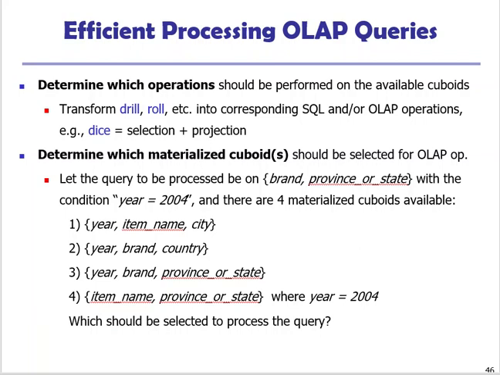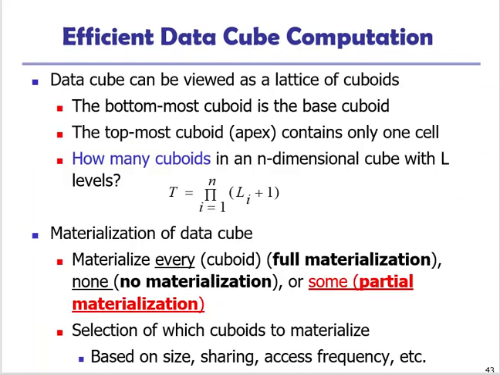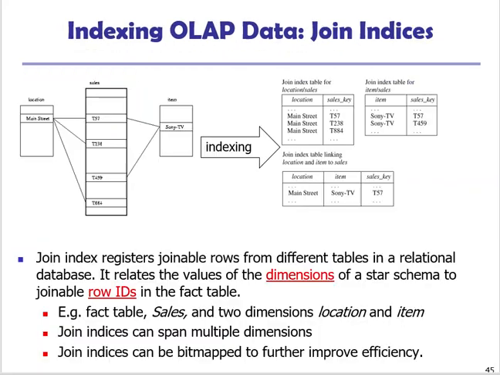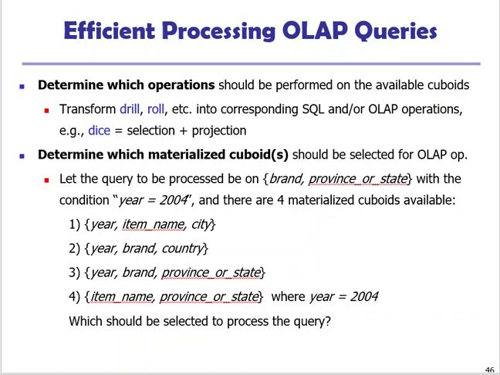What we have done was to discuss what to materialize, to perform partial materialization, and to perform different indexes to support fast data retrieval, matching, and aggregation operations. And we also discussed how the algorithm selects which of the cuboids should be used to efficiently process OLAP queries.